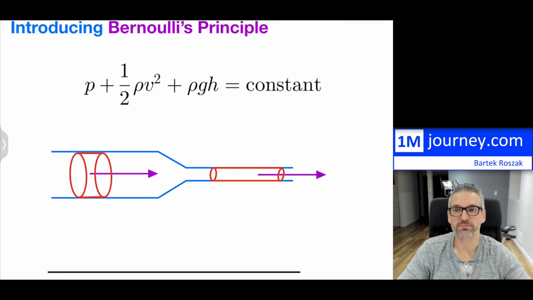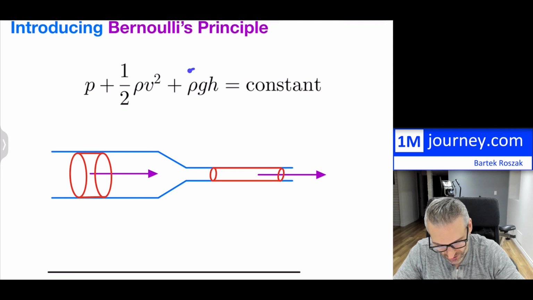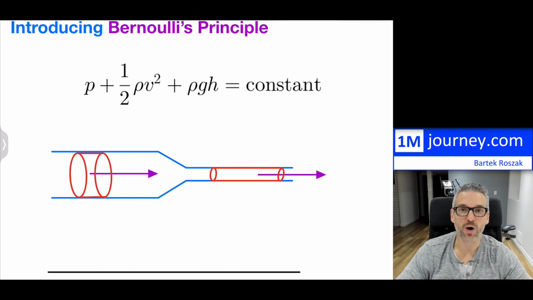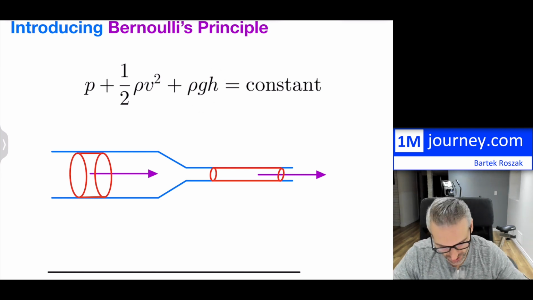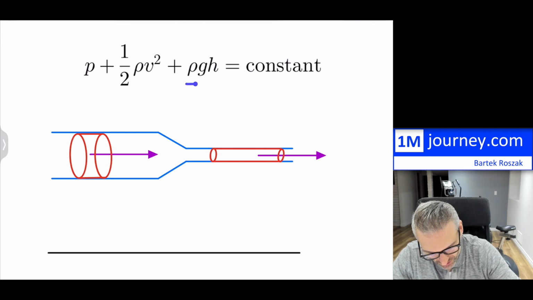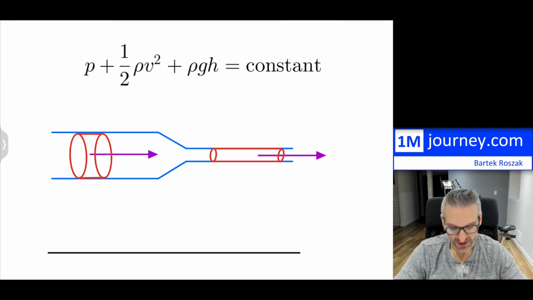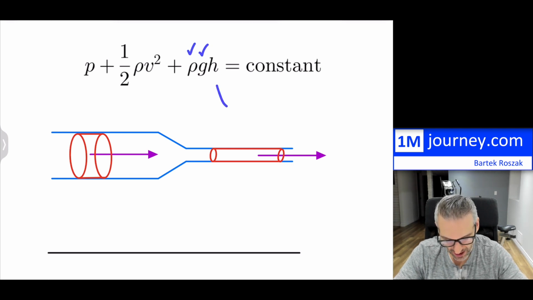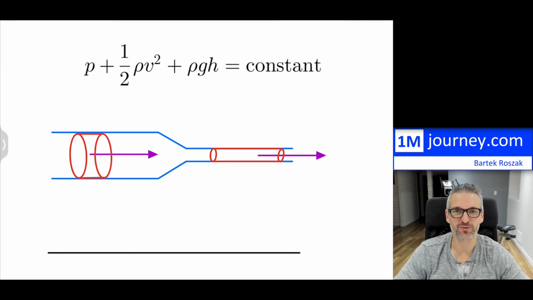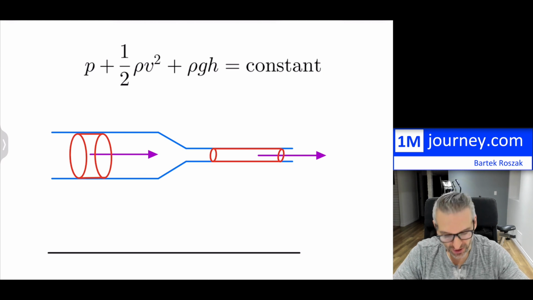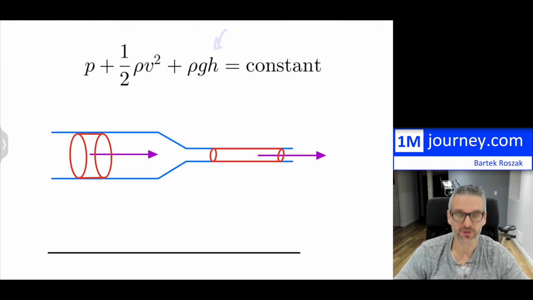Now, how does it relate back to Bernoulli's principle? In Bernoulli's principle, this term drops off, and I want to show you why. This term has h in it, which is height: density, gravity, and height. Now, what height are we talking about within a fluid? You might think it's the depth within the fluid, but no, it relates back to a gravitational height, and this is really just a reference.